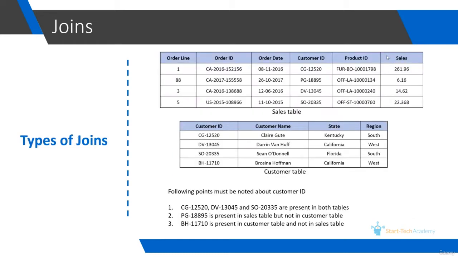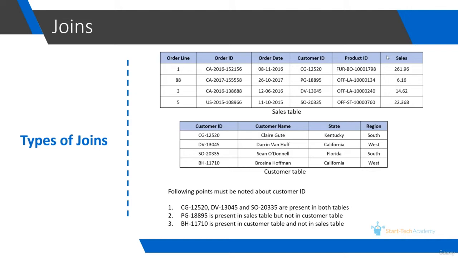Now let me tell you about the different types of joins. For the purpose of this example, suppose this is my sales data. I have taken only a few rows and columns so that we can clearly see what is happening. Now we want to join these two tables based on the common key, which is the customer ID. Let us look closely at the customer IDs in these two tables. What do we notice?